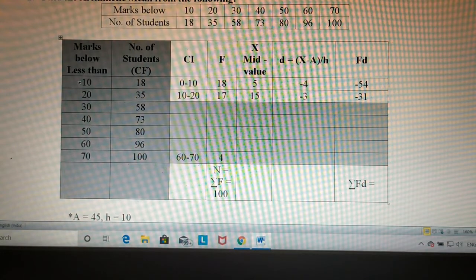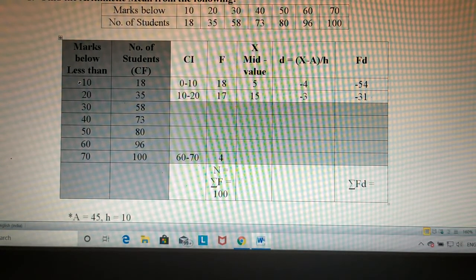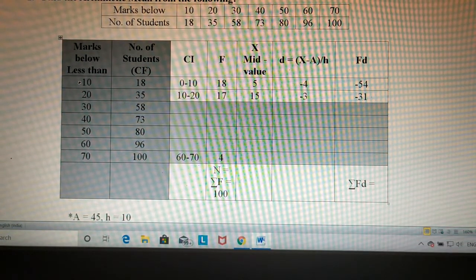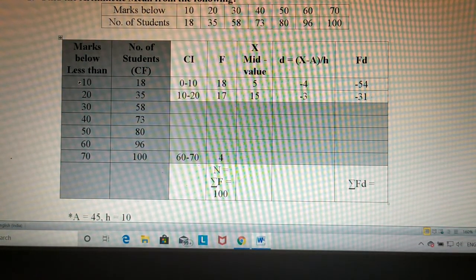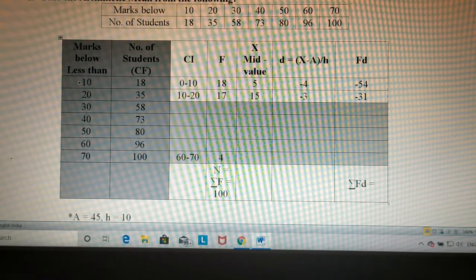So we'll try to understand what is given in the question. Marks below means less than 10. There are 18 students who have scored marks less than 10. Less than 20, there are 35 students who have scored marks less than 20. So we need to convert this into a class interval. Take 0 to 10: how many students are there? 18 students.